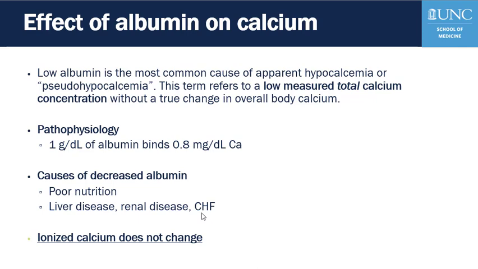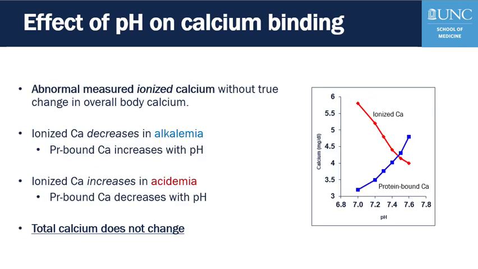And in all of these conditions, the ionized form of calcium doesn't change, which means that the individual shouldn't display any effects of hypocalcemia. While changes in albumin can affect measurement of total calcium, changes in pH will affect calcium binding and thereby result in abnormal measurements of ionized calcium, again, without a true change in overall body calcium. The graph on the right might help with these explanations.